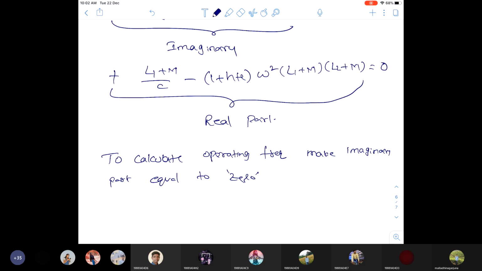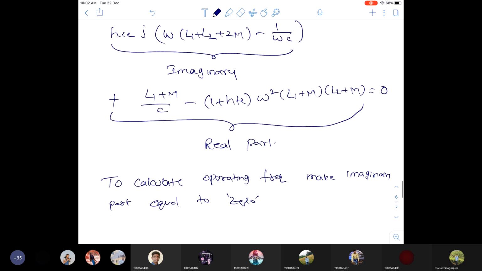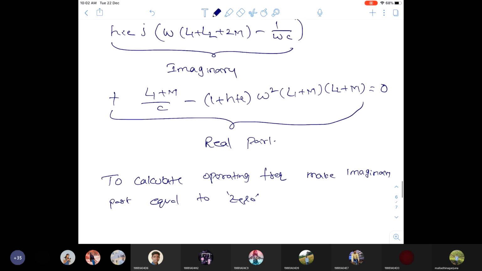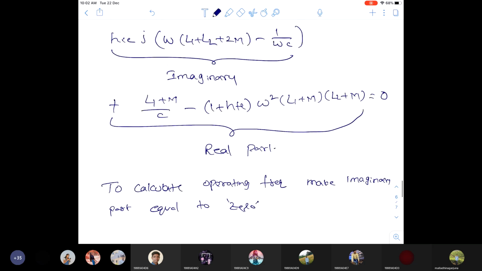So take only the imaginary part and make it equal to 0. What is the imaginary part from this equation? hfe into omega into L1 plus L2 plus 2M minus 1 by omega C equal to 0. So this is the imaginary part, that I made 0.